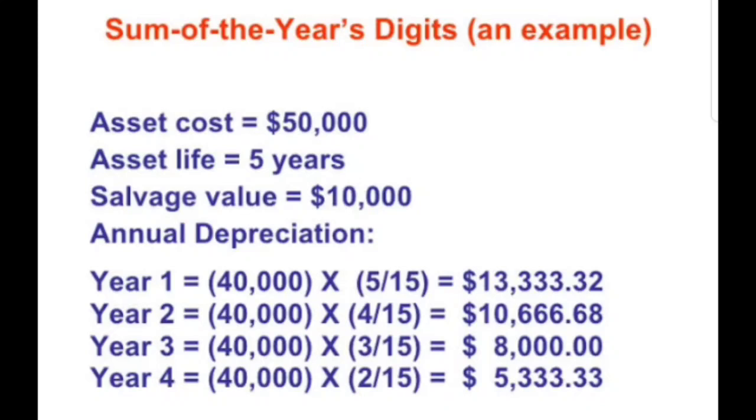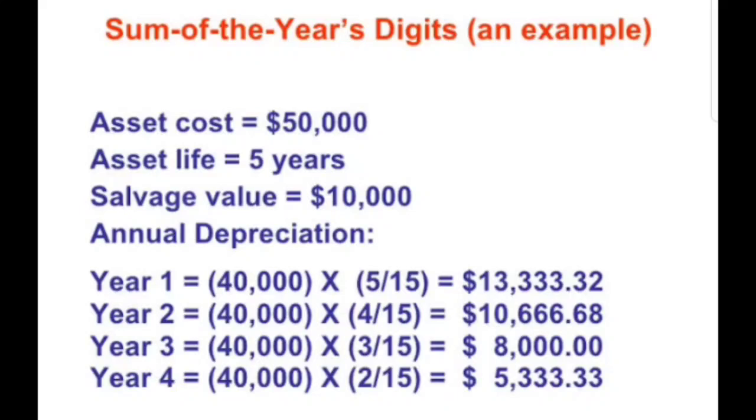Then in the second year we have 40,000 depreciable cost. Then the asset is left over for 4 years now, so we shall change the factor from 5 over 15 to 4 over 15, and we will get the depreciation for the year 10,666.68.